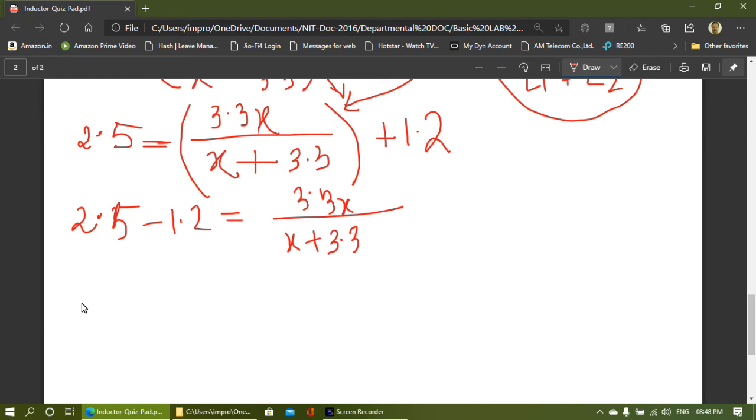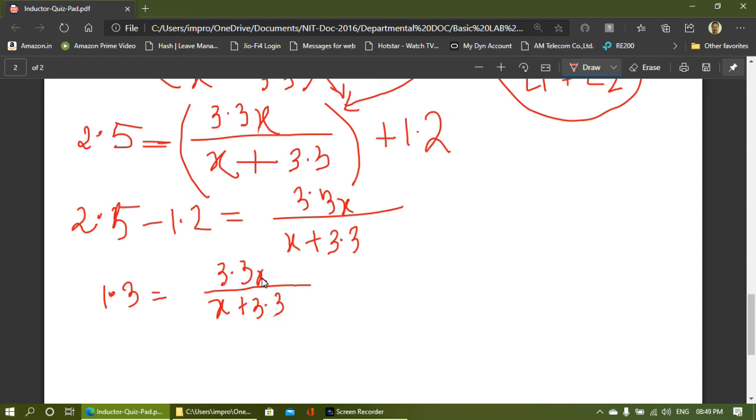So then making this subtraction we will get 1.3 is equal to this thing, 3.3x by x plus 3.3.